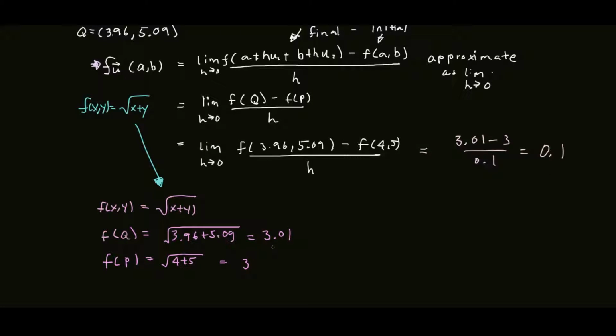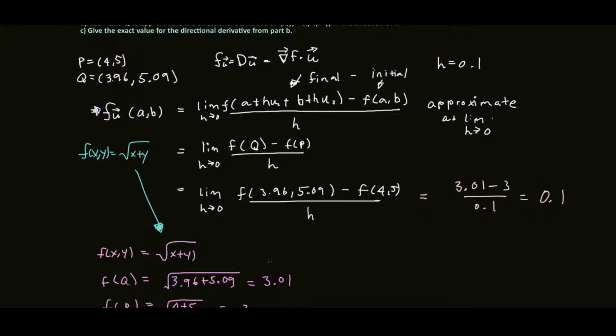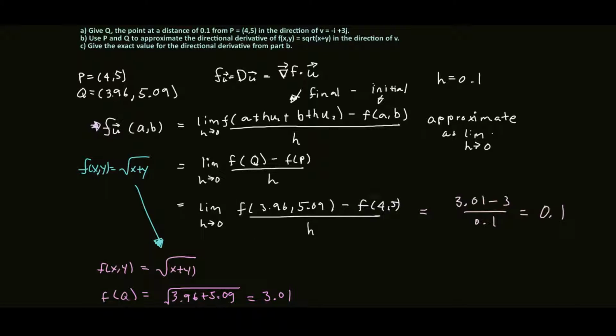And then we plug these two numbers back into our approximation equation to find the directional derivative. We get 0.1. So as the distance approaches 0, the slope will be 0.1, very close. It gives us a good approximation.